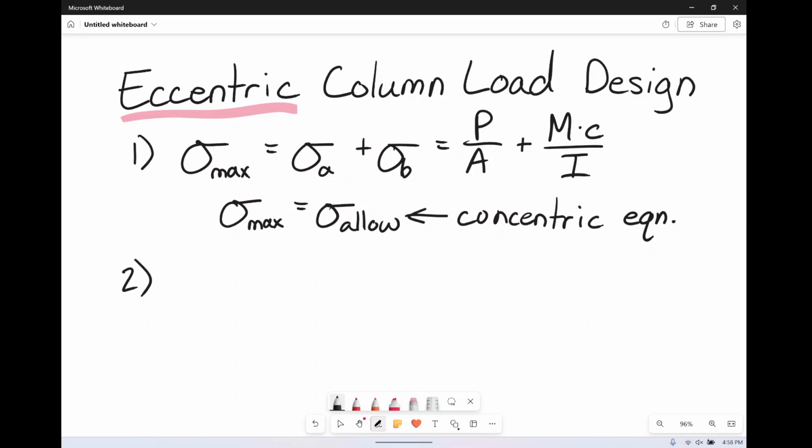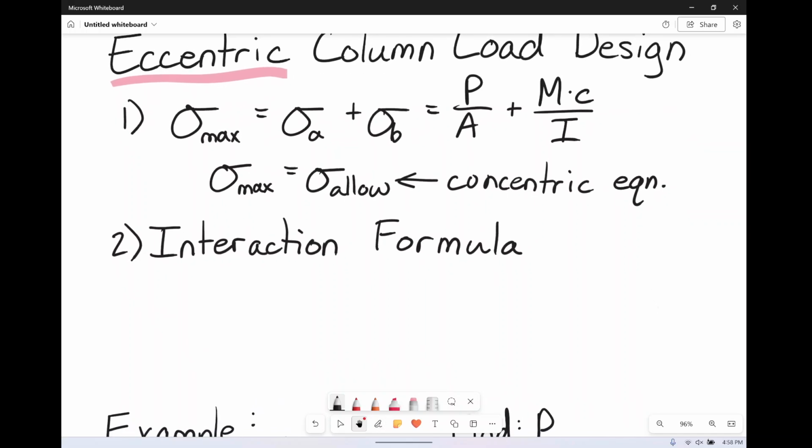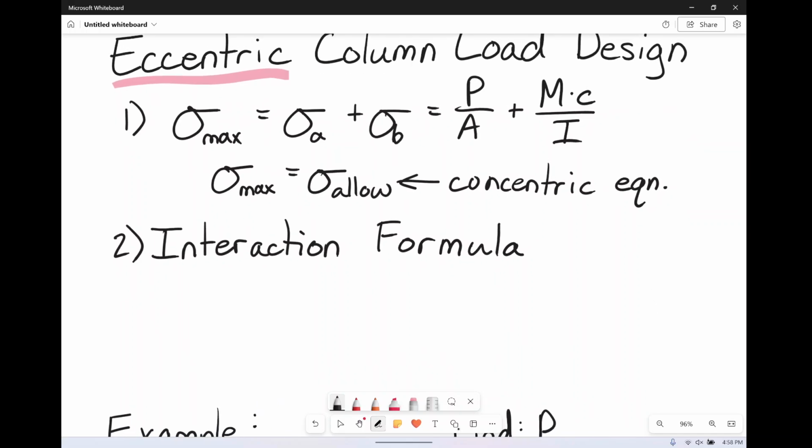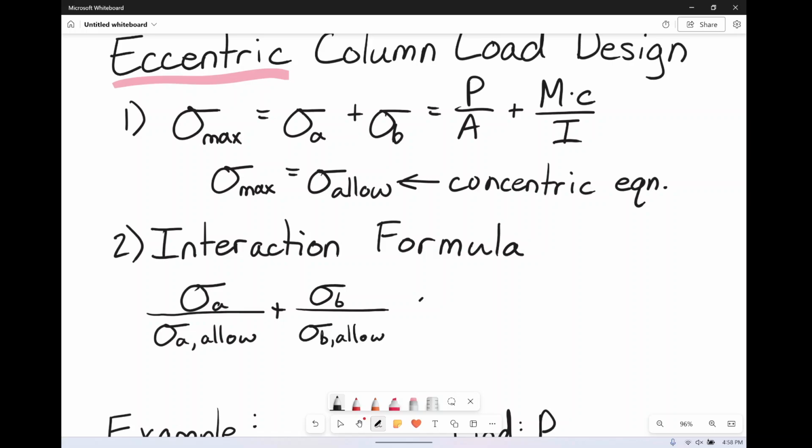And so we have another method, and this method is called the interaction formula. And of course, it's also going to be conservative, but not quite as conservative. For this formula, it boils down to sigma A over sigma A allowable plus sigma B over sigma B allowable, and that has to be less than or equal to 1.